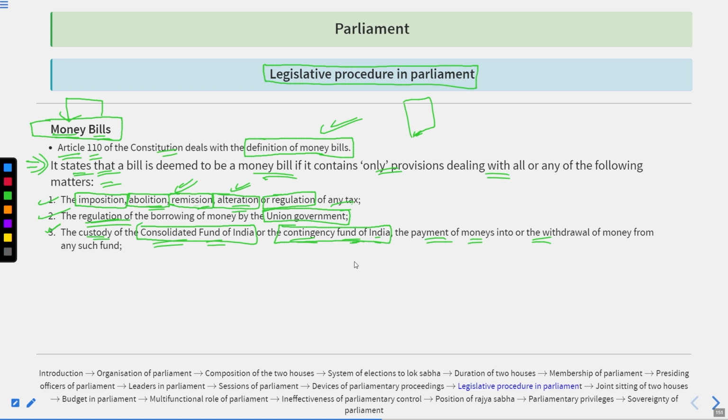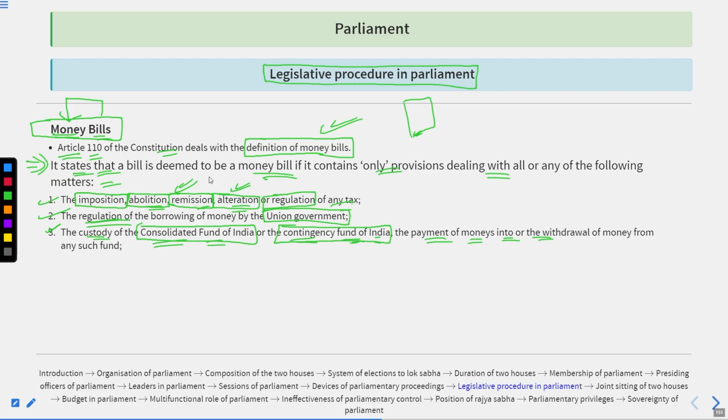The government on a regular basis infuses some money in that particular fund and on a regular basis withdraws some money from that fund. This is what we call the Contingency Fund of India. So the payment of money into or the withdrawal of money from any such fund, okay, this is also mentioned in the money bill.